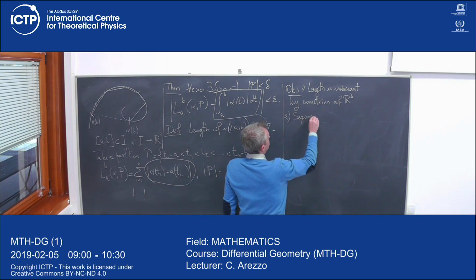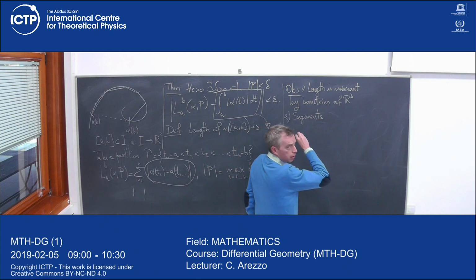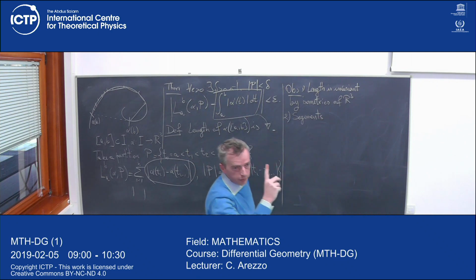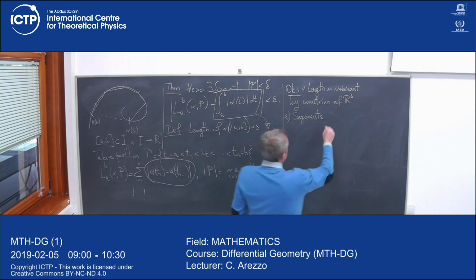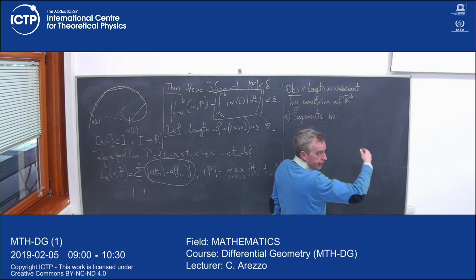Have you ever seen a proof of this? Using the Euler-Lagrange equation and calculus of variations, that's one possibility. I'm not saying which proof, but have you ever seen one? Yes, okay. Segments, because actually there is even a direct comparison argument.